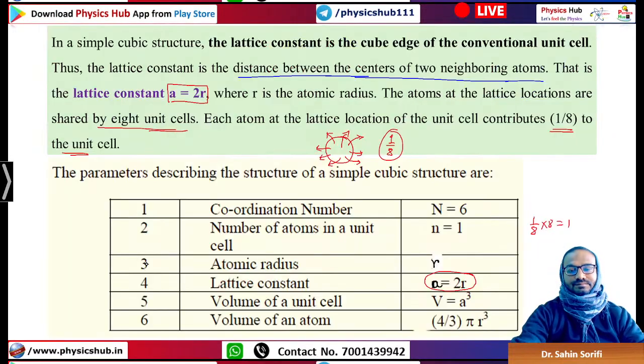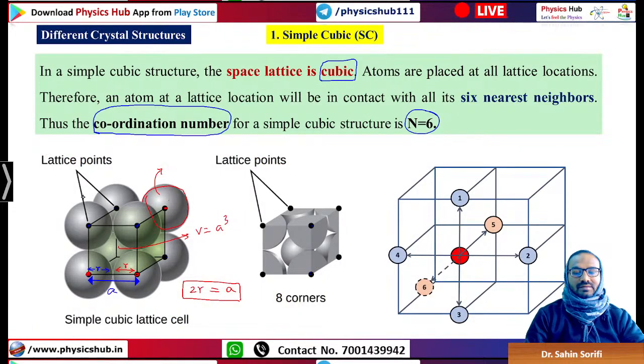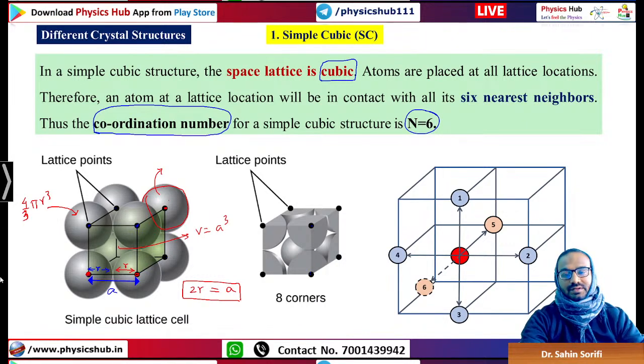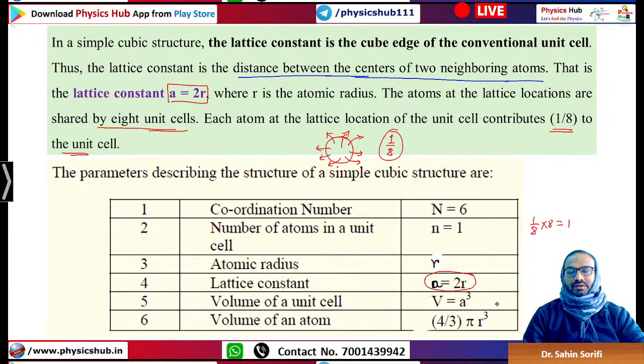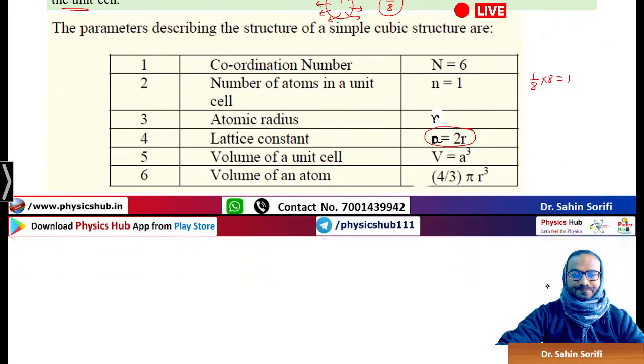Volume of an atom: if the atom has radius r, the volume is 4/3 pi r cube, the volume of a sphere. The atoms are considered to be spherical. So I hope there is no problem with this picture.